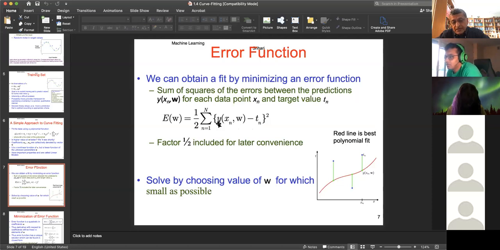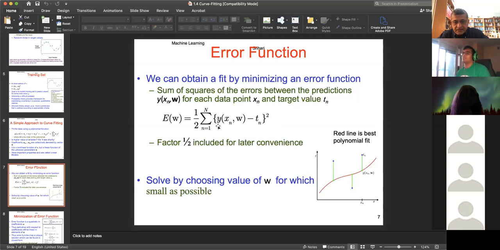And so we take what the model is saying as the output, and we take the difference with the target value, and we take the square of the difference, because it can be positive or negative, right? Square will make it all of the same sign. Square of a negative number is also positive. And we add it over all the set of samples n.